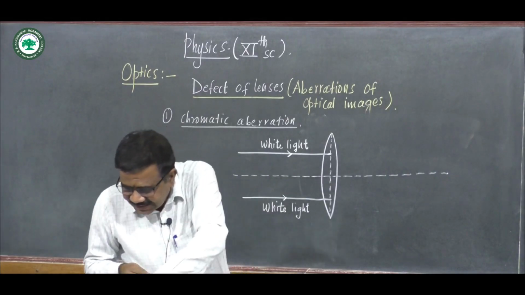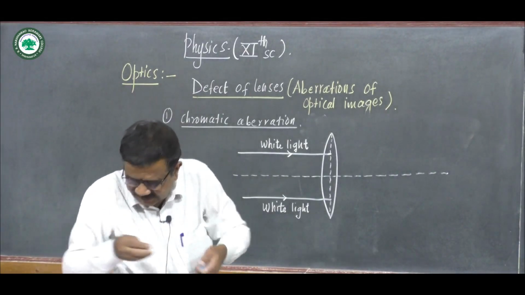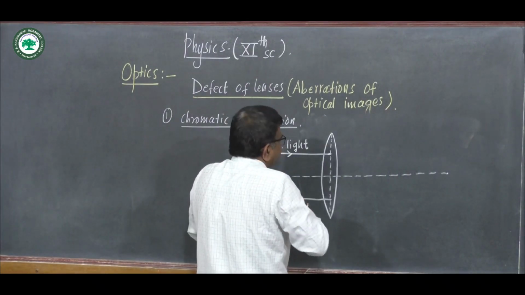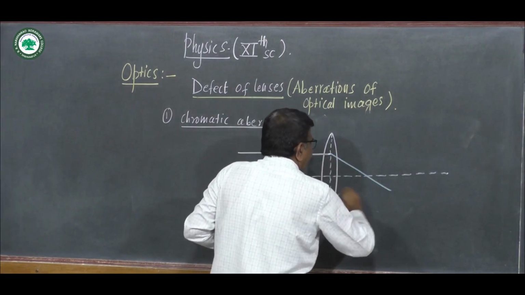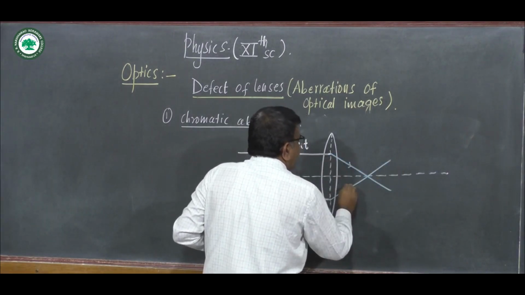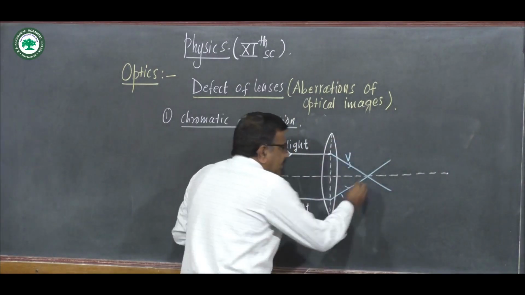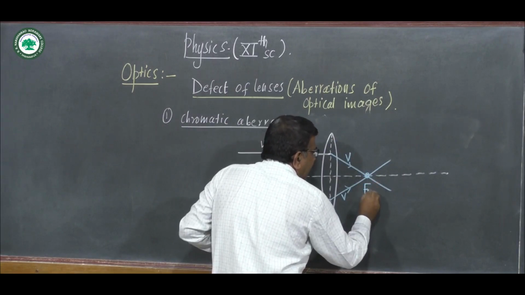If such white light is incident, what happens? The violet rays have maximum deviation. These are the violet rays. They come to focus near to the lens. This is the focus for the violet.